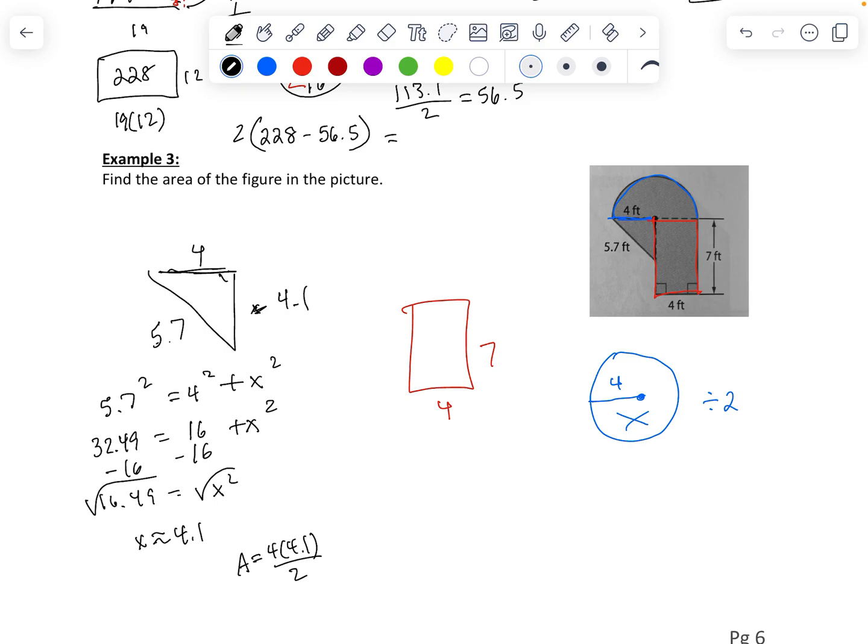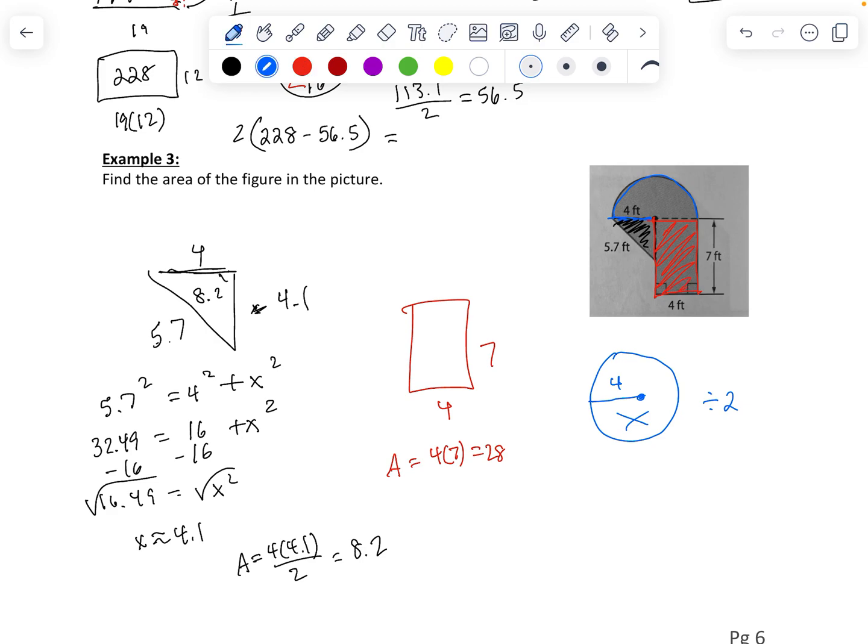And I'm getting an area of 8.2. All right, so we figured out that area. This one's not bad. It's just a rectangle. Base times height. So 28. Cool.